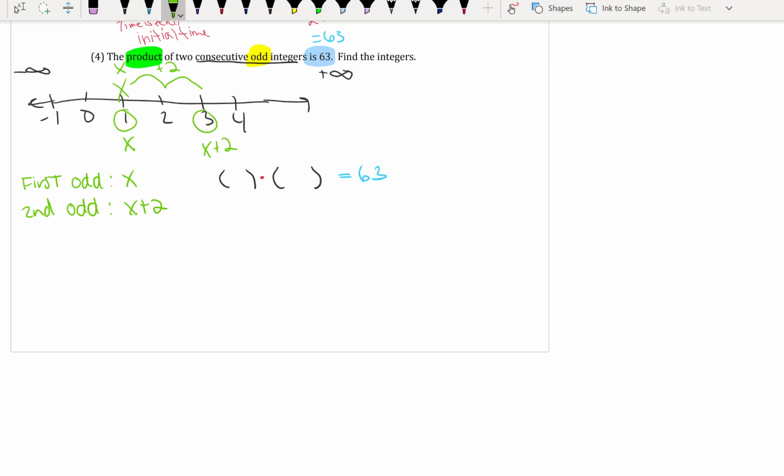So the two things that are being multiplied are the two consecutive odd integers, so that would be your x and your x plus 2. Since you cannot set this equal to 63 and split it, because I need this to be the zero product principle, I need this to be 0 first. And in order to do that, I need to multiply and then subtract my 63.